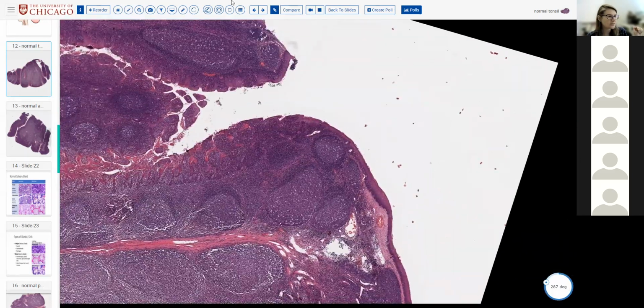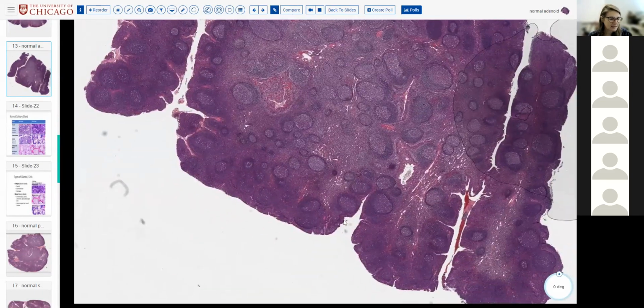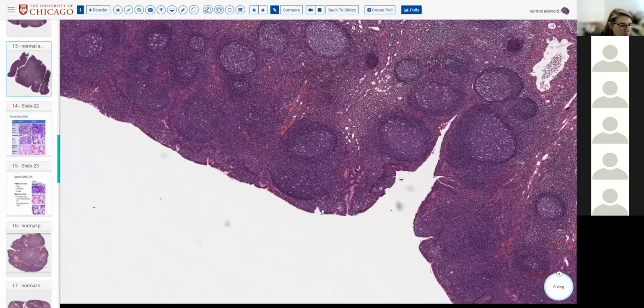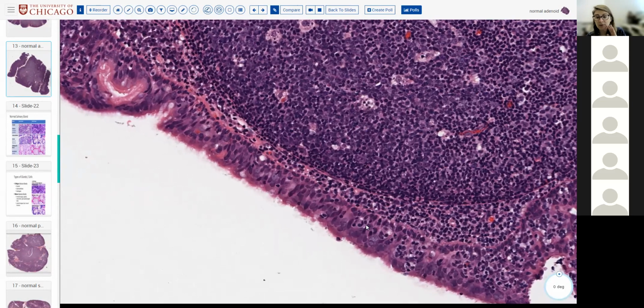But both the tonsils and the adenoids have that same crypt structure. The difference is that the adenoid is lined by our favorite pseudostratified ciliated columnar epithelium, because it's up in the nasopharynx.